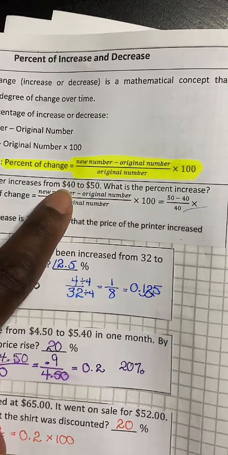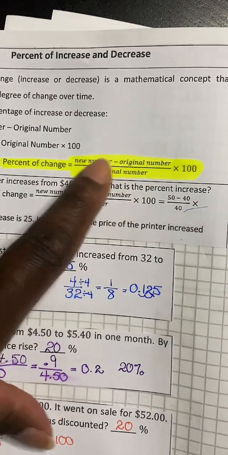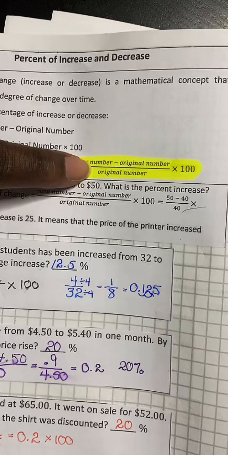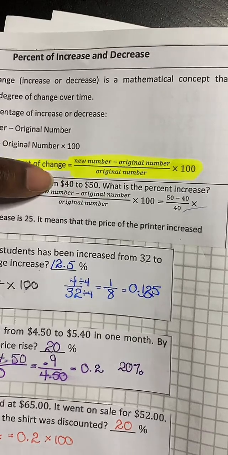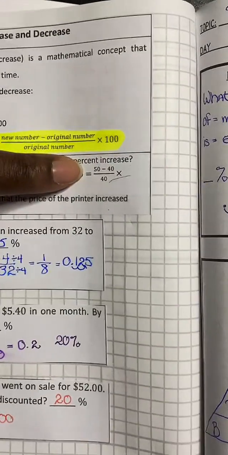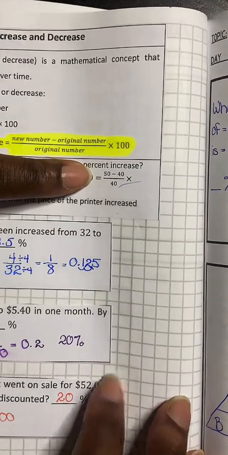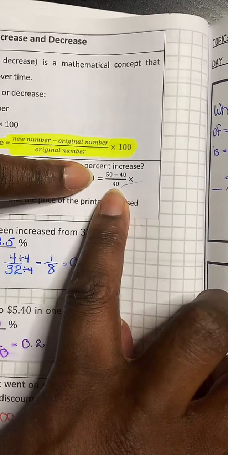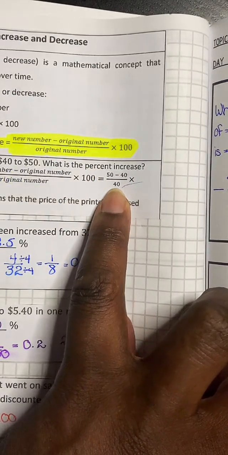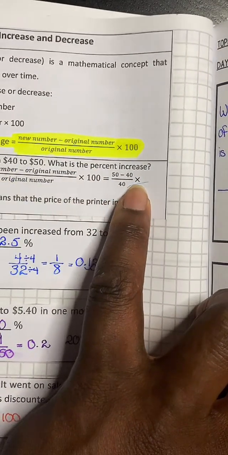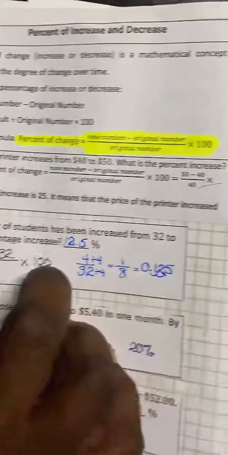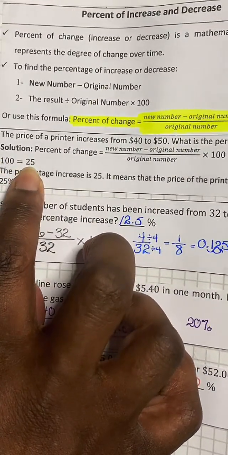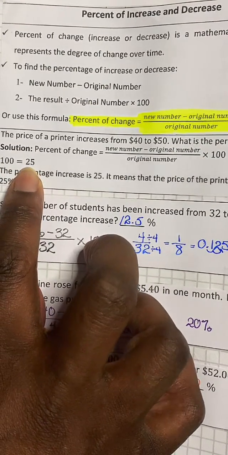The original was 40. 50 minus 40 gives me 10. And you always divide by the original number, which is 40. So it looks like this right here. So 50 minus 40 over 40, that will give us 1/4. And times that 1/4 by 100 will give us 25. So it's a 25% increase.